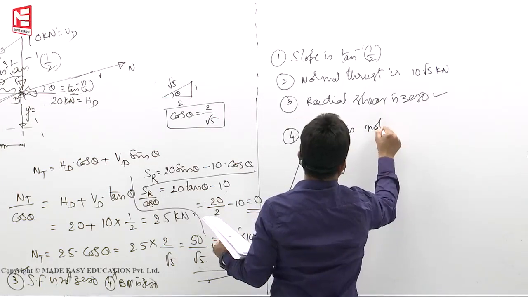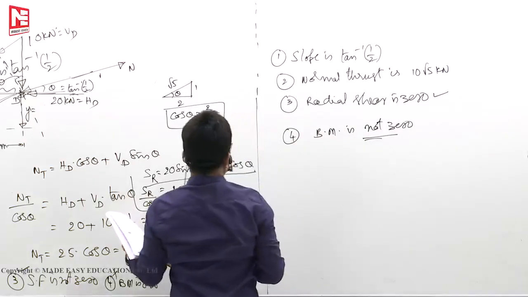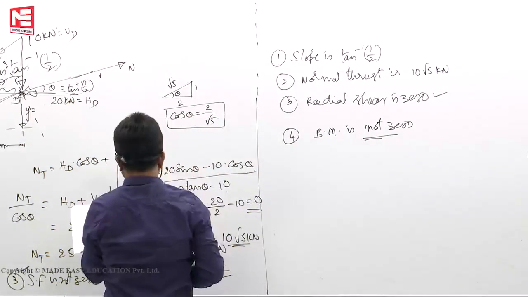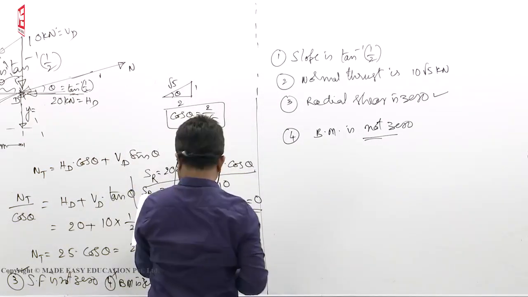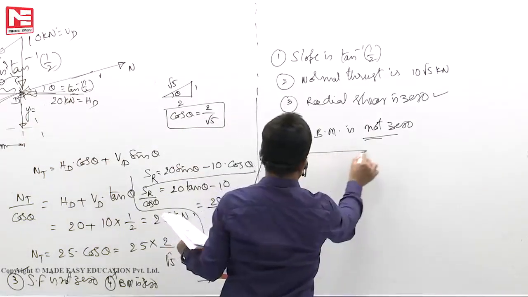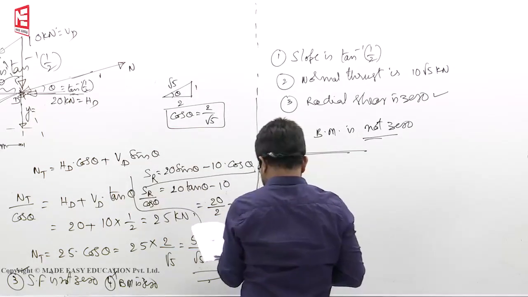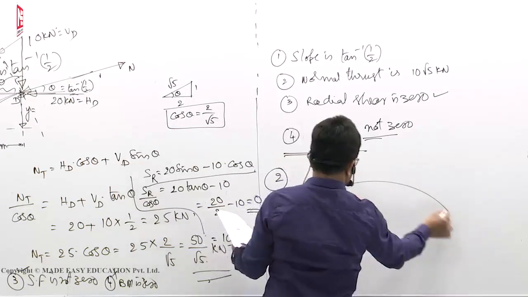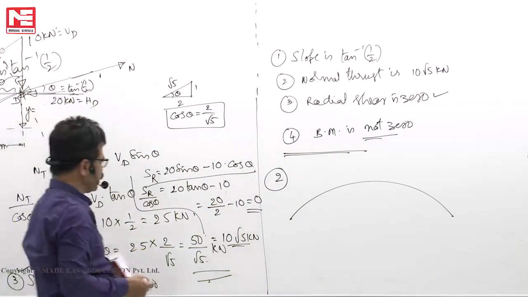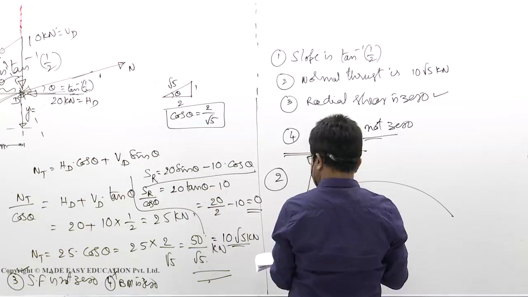Bending moment is not 0, because bending moment will exist at that point. So out of this, only one is correct. So for the first question, C is the option. C, one only, is the correct answer. Next. You see, in all these calculations you don't require any calculator at all. 20 tan theta means 1 by 2, so it becomes 10 minus 10, 0.